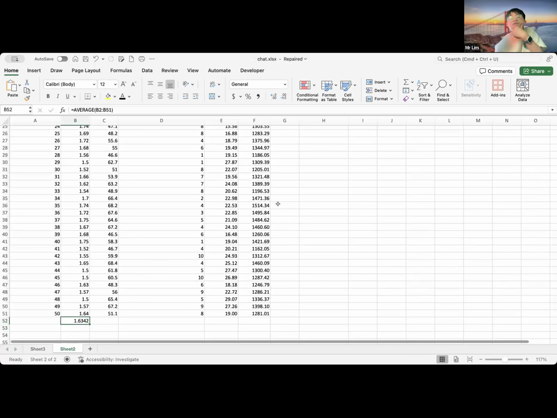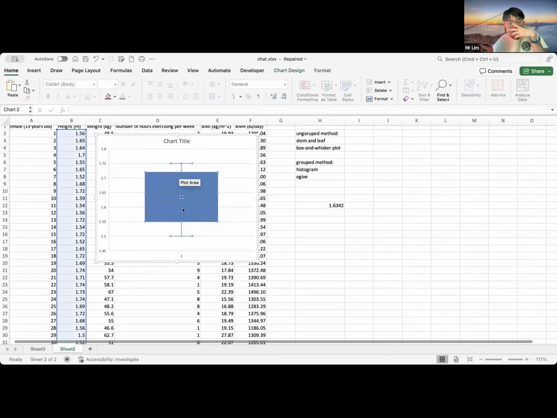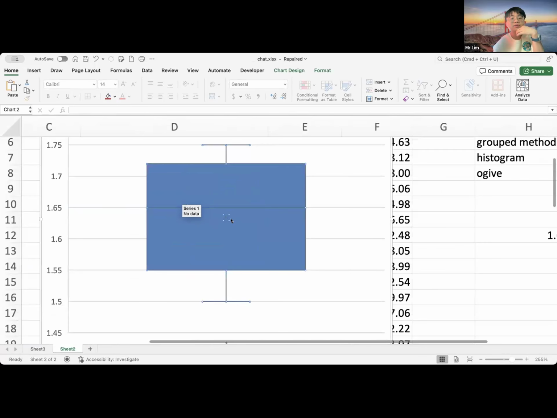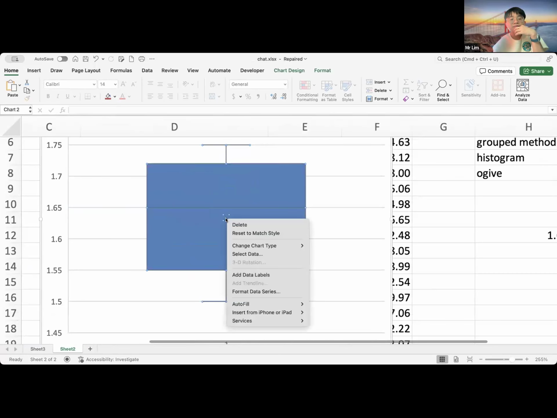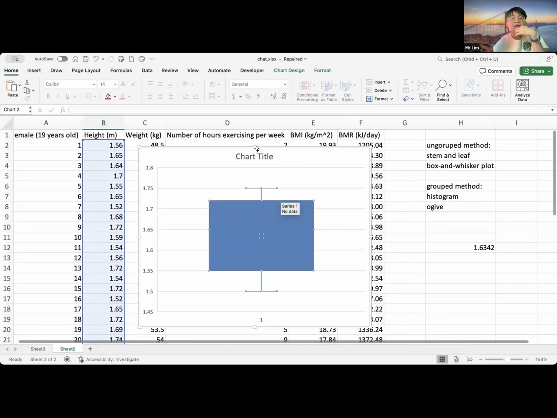And yes, this value is actually the average. So in the Excel tool, to generate a box and whisker, it will additionally generate another value, which is your average. It's okay, you can keep it here, or if you don't want it, then just delete it. Oops, I'm so sorry. Just delete this thing. Whether you can delete only this one, it's okay.